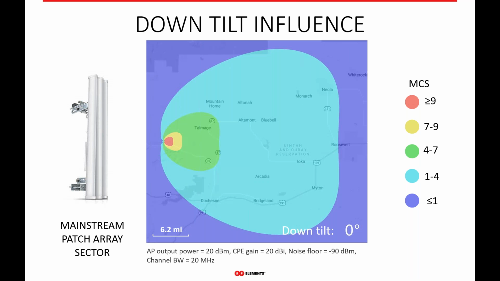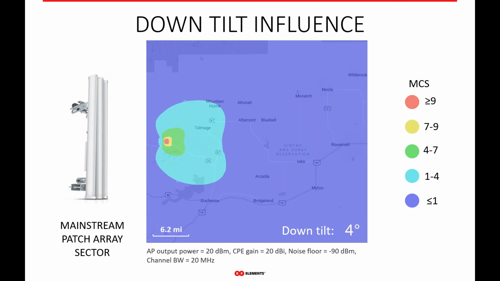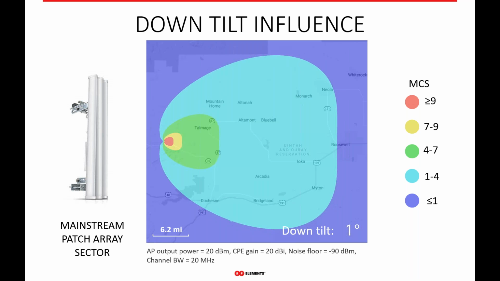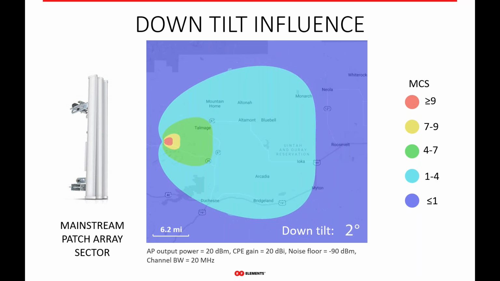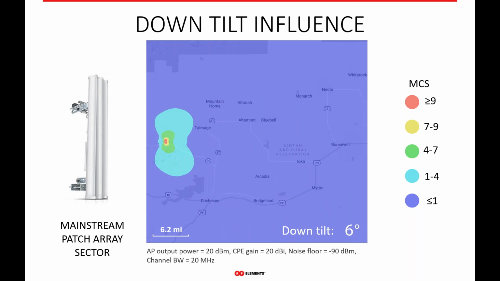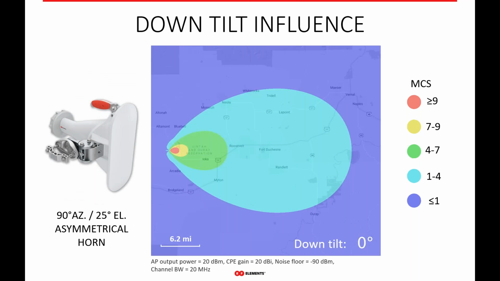So in other words, again, you lose your coverage almost completely. So this really is a disadvantage of very narrow radiation patterns in the elevation plane, right? And why traditional sectors require very precise setup for down tilt, and they are very sensitive to even small deviations from down tilt when you set them up.